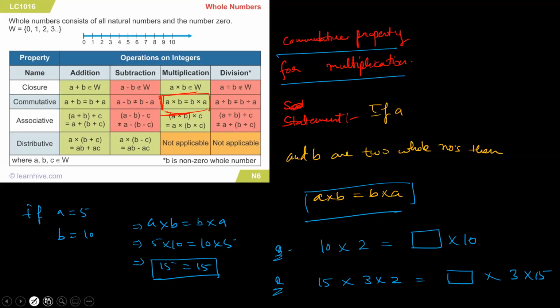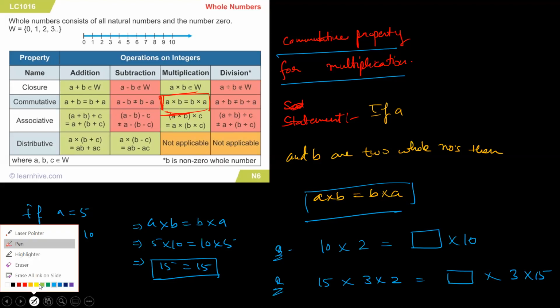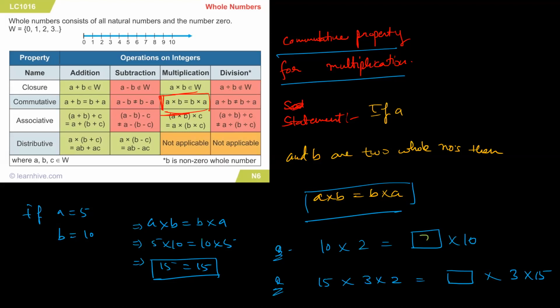So the answer of both the questions is 2. So the property of this is the commutative property for multiplication. Okay, hope it is clear.